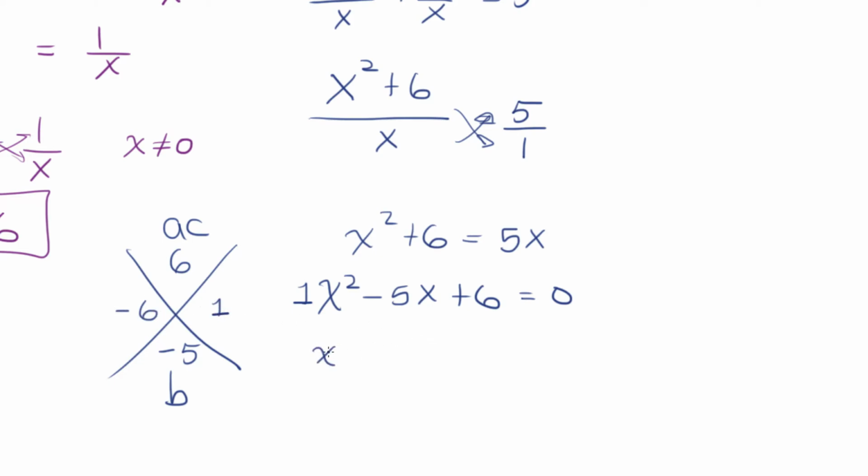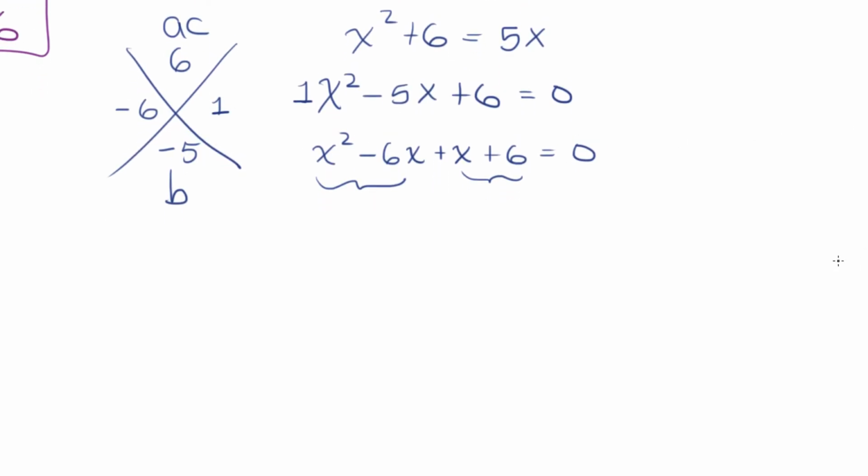Now we continue. x squared minus 6x plus 1x, which is just x, equal to 0. We factor the first two, the last two. What can we factor between x squared and 6x? Well, x itself. You're left with x minus 6. Now, what can you factor between x plus 6?